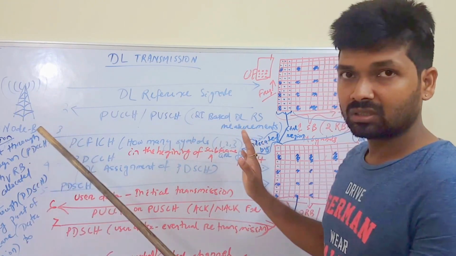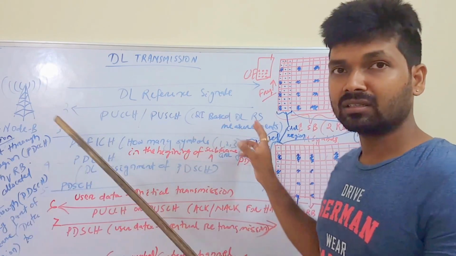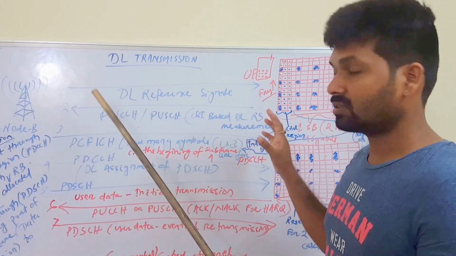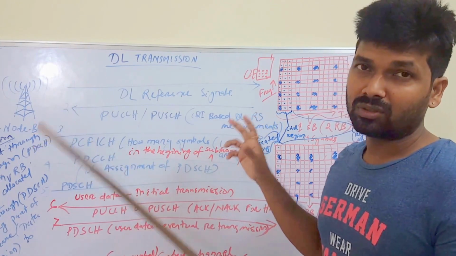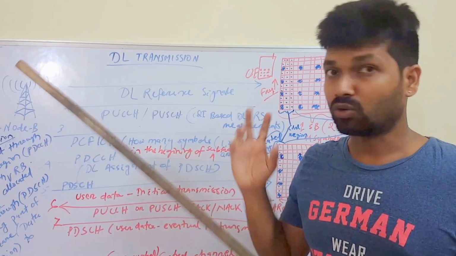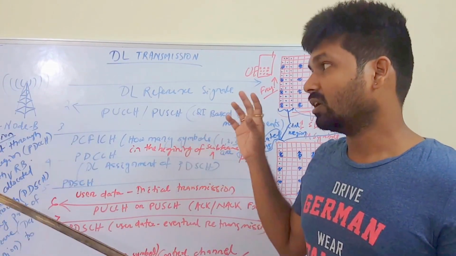Then the eNode B scheduler decides on allocating the resource block, giving the grant to the UE, and deciding the modulation and coding schemes, and whether MIMO is used or not, and other stuff.